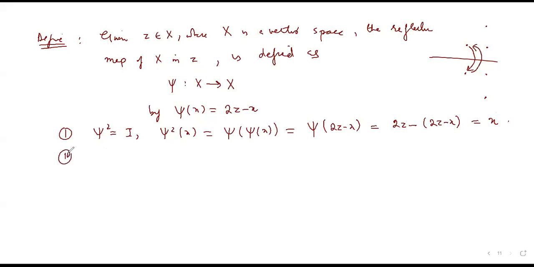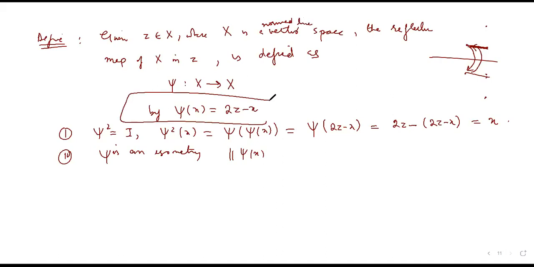Second, we want it to preserve the distances. Reflection preserves the distances. So psi is an isometry. That's again obvious, because norm of psi x minus psi y. Write normed linear space here, since we've come to norms. We can define this without any connection to the norm, but since we want it, every normed linear space is a vector space, so if there is a norm or metric on it, call it a normed linear space.